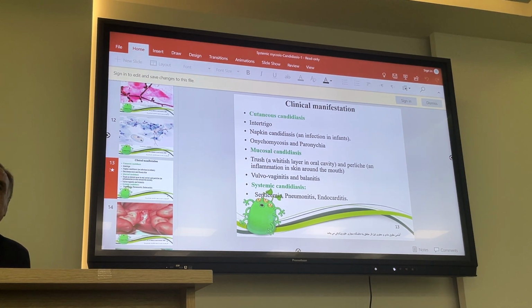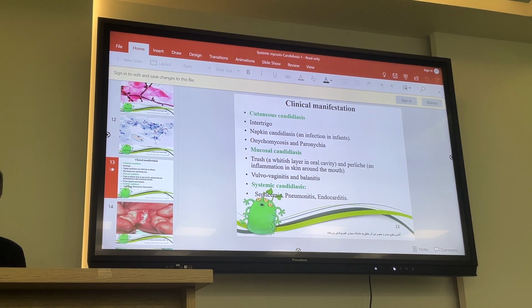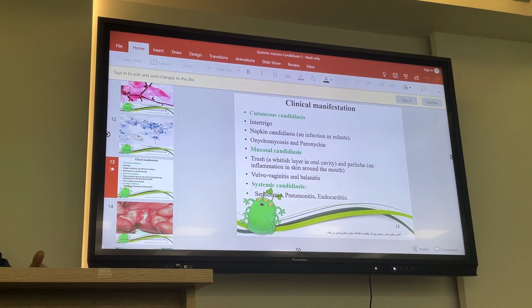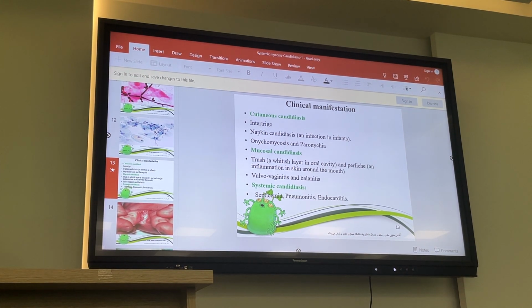Or in some infections like HIV, AIDS, it is another condition. In some cases, there isn't any pathogenic condition. It is a physiological factor, like pregnancy in women. In pregnancy, you may find a female patient with candidiasis in the urogenital system or respiratory system.